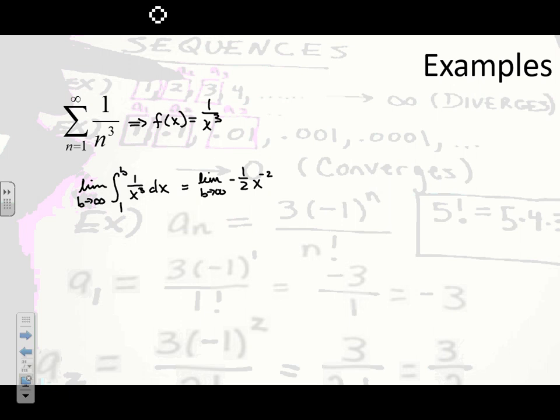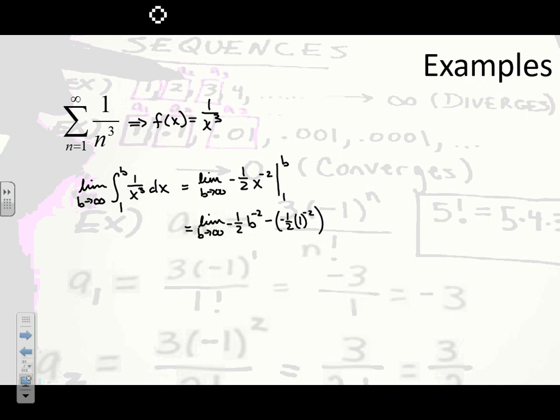So then if we evaluate from 1 to b, the part we're concerned with would be this negative 1/2 b to the negative 2.